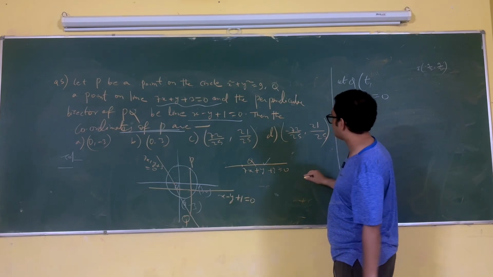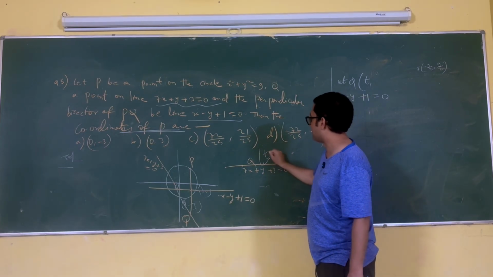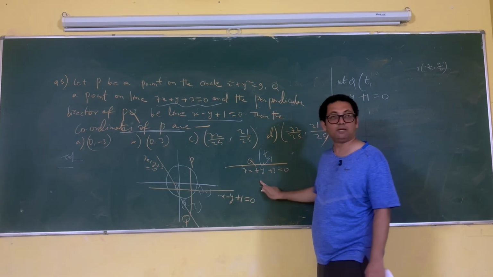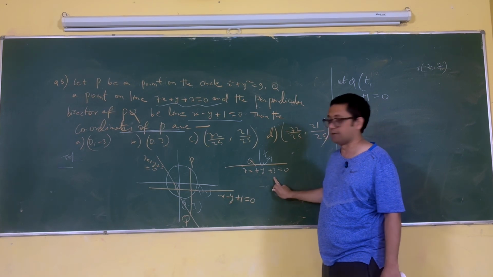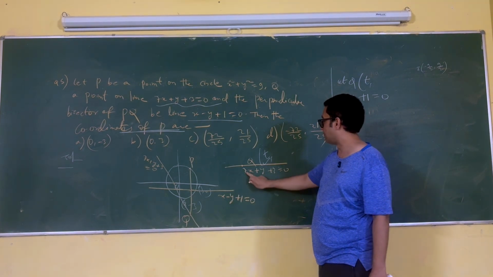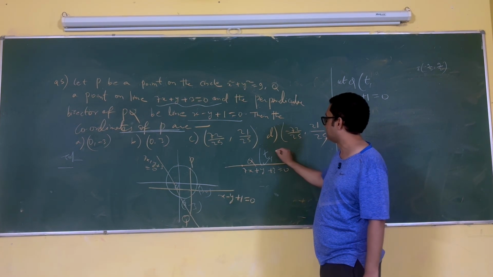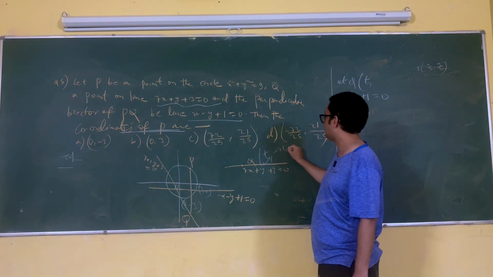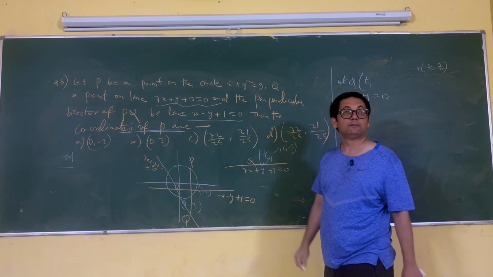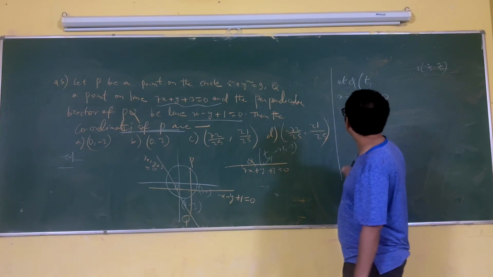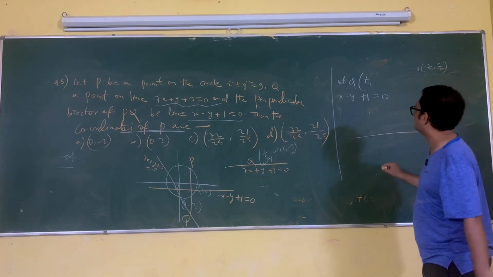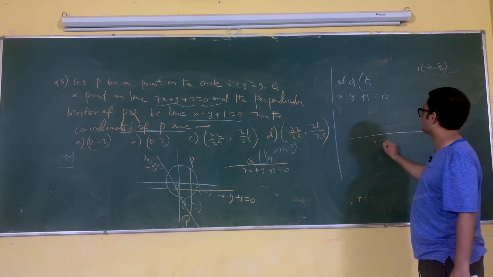So if you take the x coordinate as T, then what would be the y coordinate? The y coordinate will be minus 7T minus 3.